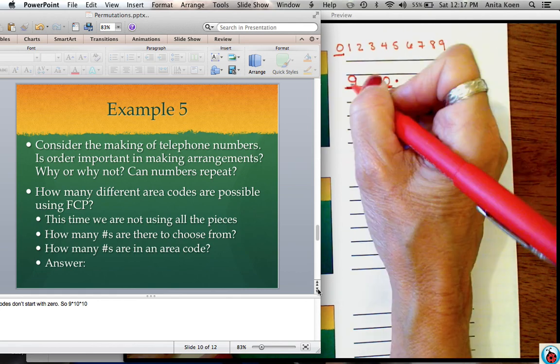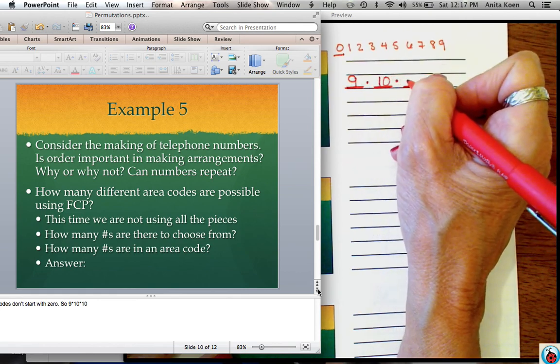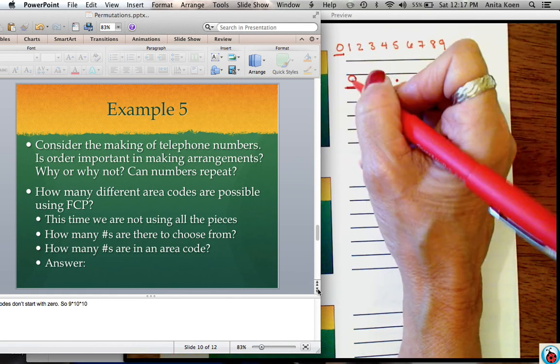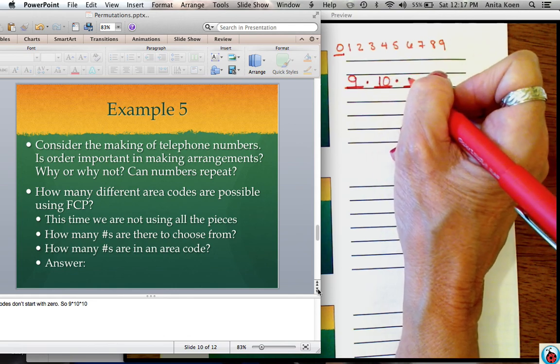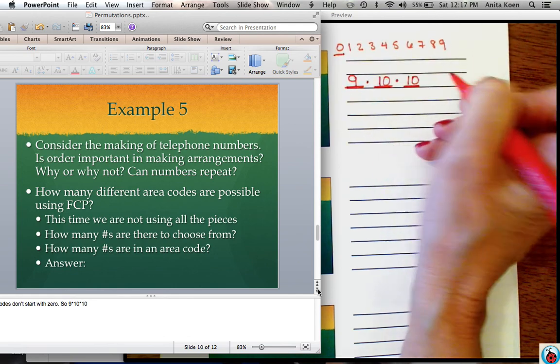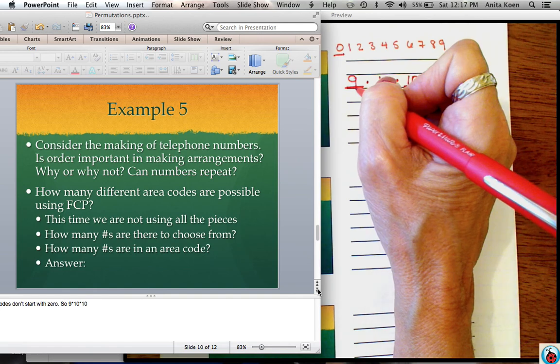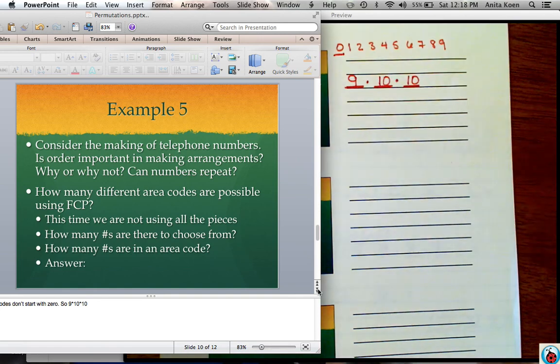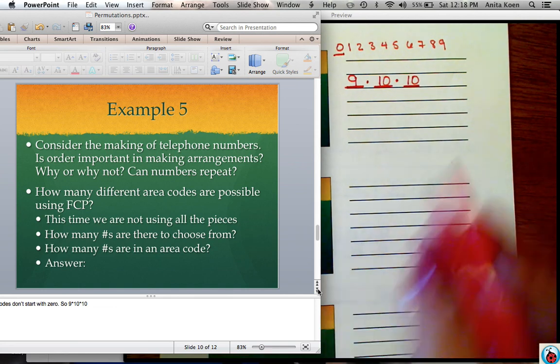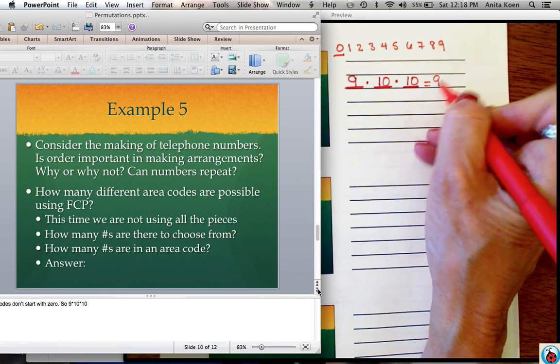And then since repetition is allowed in an area code, I could have 202, then all 10 numbers would be allowed here. The only one that's different is the first, because I'm not allowed to put a 0 in the first space in an area code. So now we're going to go to our calculator. We're going to do 9 times 10 times 10, and that's going to give us 900 area codes are possible.